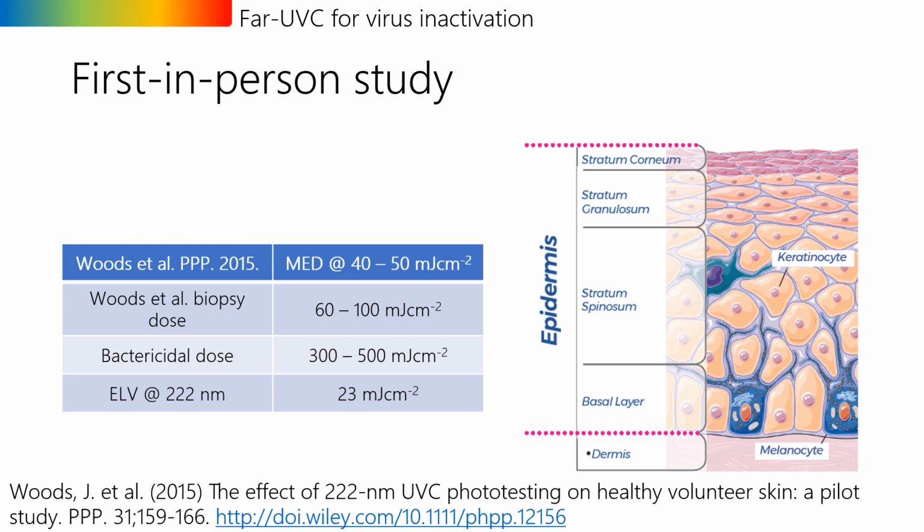So the MEDs were at doses twice the exposure limit, but they were also an order of magnitude too low for a bactericidal effect, which was thought to be around a few hundred millijoules per centimetre squared. In addition, when the investigators biopsied the volunteers, they found that DNA damage was not just in the suprabasal, but also in the basal layer.